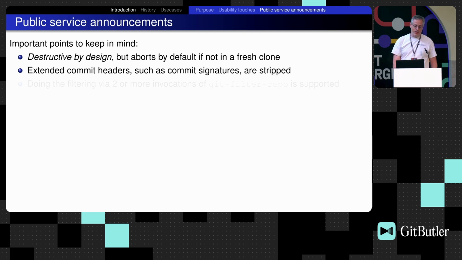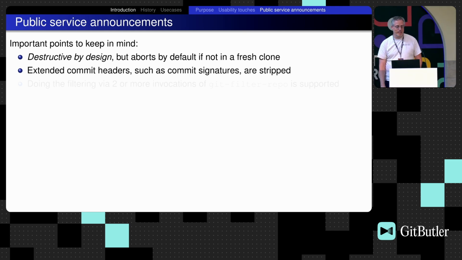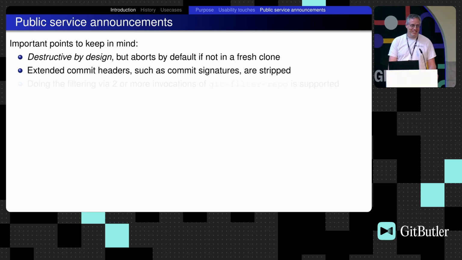It strips out any extended commit headers, such as commit signatures or GitButler change IDs or anything you guys are about to add because of what Scott just encouraged you to be able to do. At least that's what it currently does because fast export and fast import strip those out.